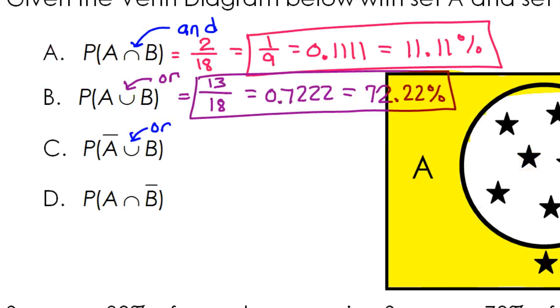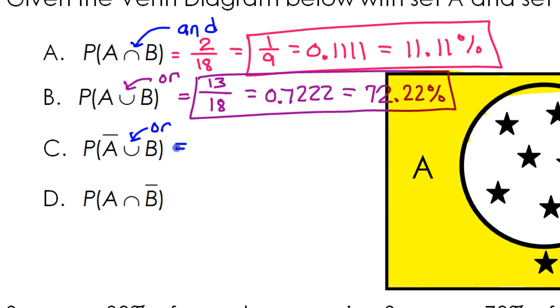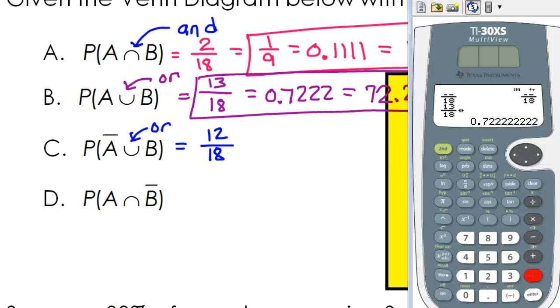So when we do target over total, we're talking about 12 over 18. Now that can reduce because both of these are divisible by 3. You should not need a calculator for this, but just in case, 12 divided by 18.